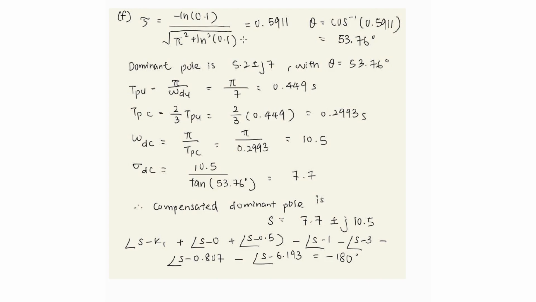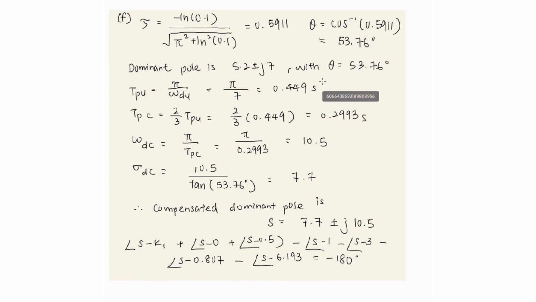Then we get the damping ratio 0.5911, and the damping angle equals 53.76 degrees. So we get the dominant pole 5.2 plus and minus j7 with the angle 53.76 degrees.